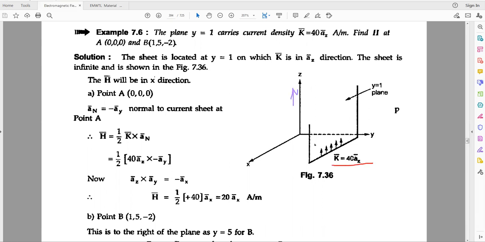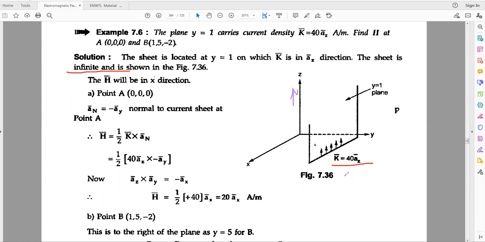Got it, my students? This K bar is equal to 40 into AZ bar. The sheet is located at y is equal to 1, on which K bar is in the AZ bar direction. The sheet is infinite as shown in the figure. H bar will be in the x direction at point 0, 0, 0.